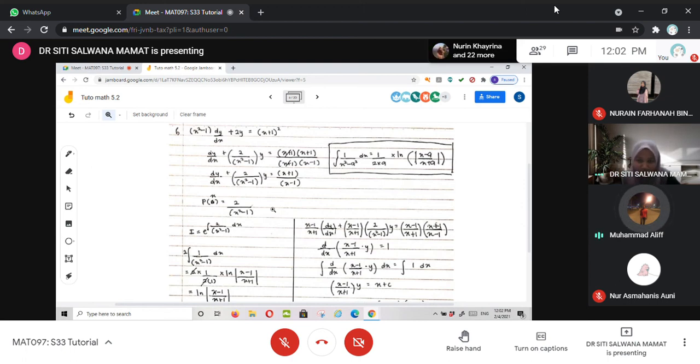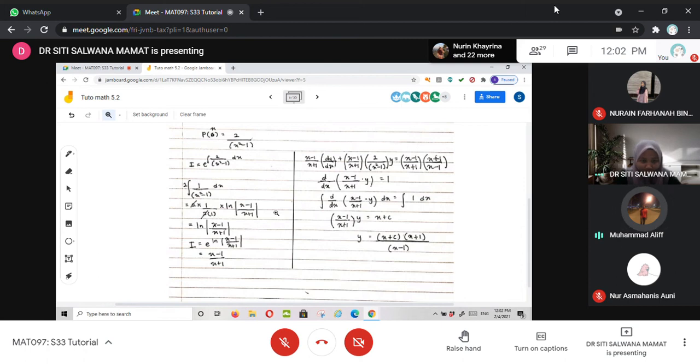I dia kita buat integrate the P(x) dx. So bawakan 2 keluar. Then integrate 1 over x squared minus 1 tu saya guna formula yang kat atas. Ada kotak, saya buat kotak kat atas.